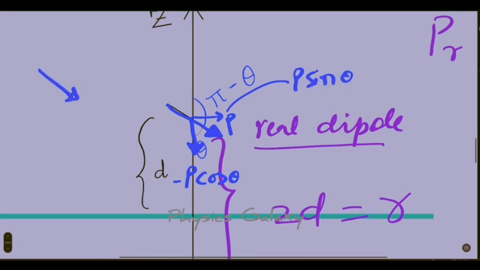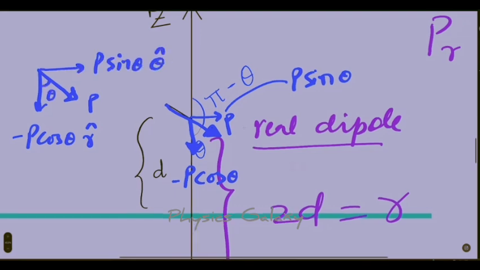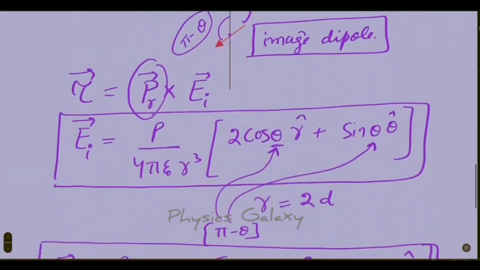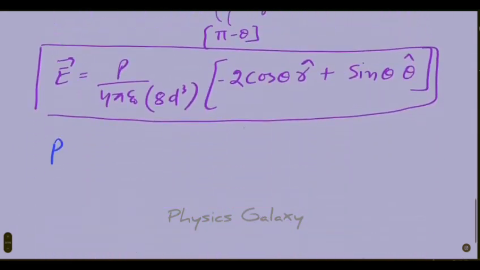So this was my dipole: its first component is minus P cos theta in the direction of r cap, and P sin theta in the direction of theta cap. So P equals minus P cos theta r cap plus P sin theta theta cap.